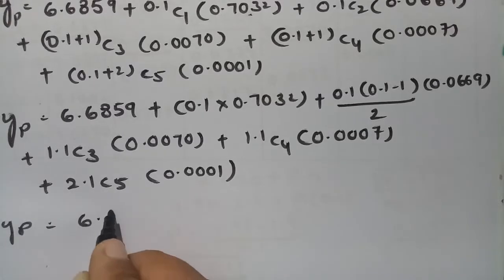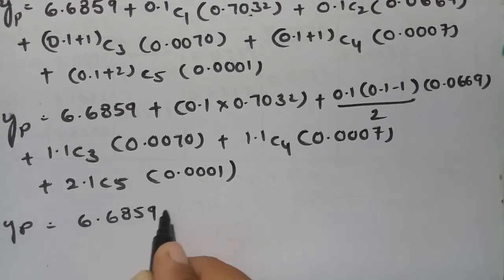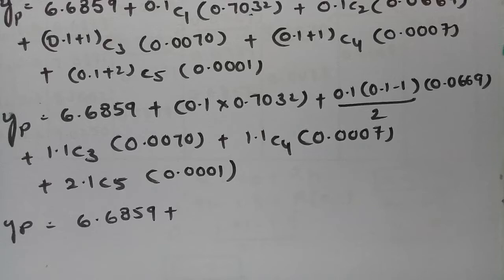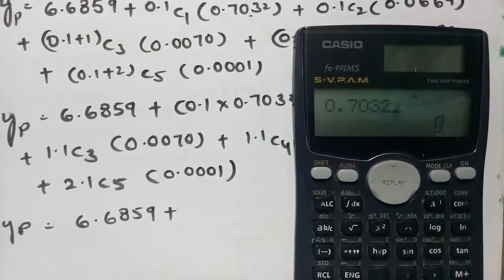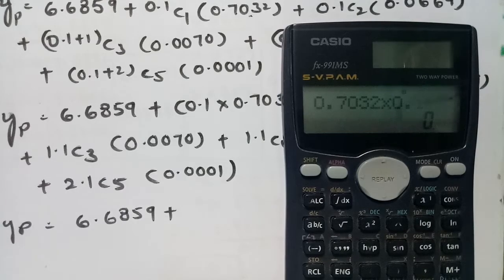So this will be 6.6859 plus, so the value here is 0.7032 into 0.1.